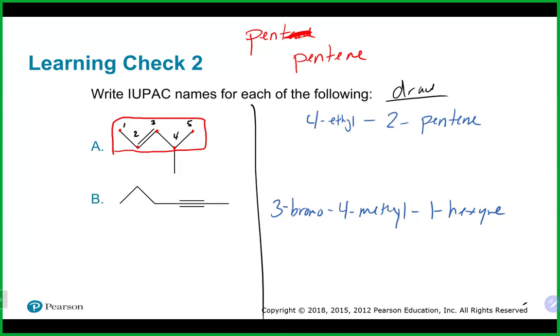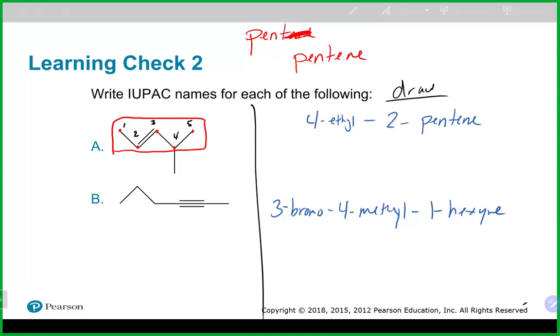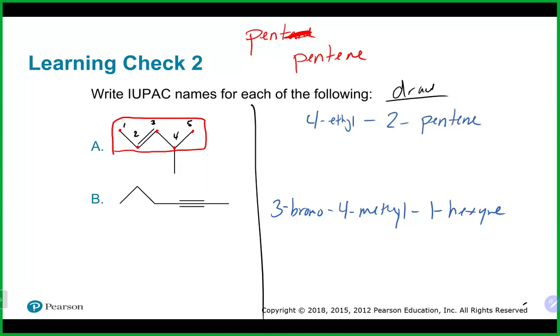If we go in the other direction, right to left, we would go 1, 2, 3, 4, 5. Remember, once we have a double bond or triple bond, it takes the priority in terms of numbering. So although the group has a smaller number going in the blue direction, it is the black direction that gives our double bond the smaller number of 2, and that is the direction we want to go.